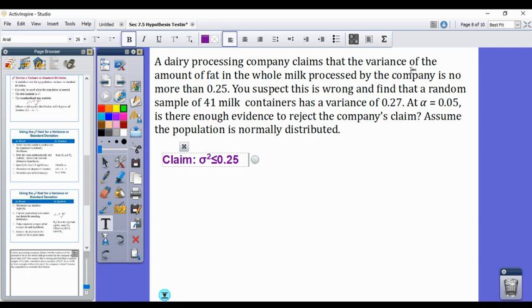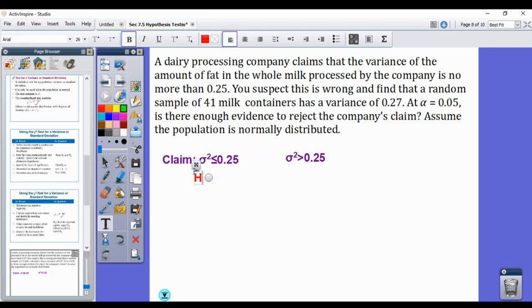So the corresponding statement that's opposite of that is that it is greater than 0.25. So which one of these is my null?